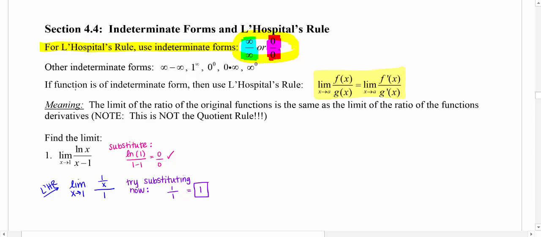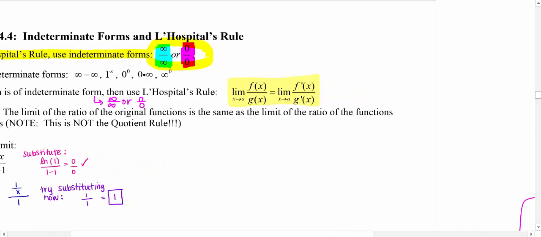So if a function is of the indeterminate form infinity over infinity or 0 over 0, then we can use L'Hopital's rule. And what L'Hopital's rule says is, and I'll write it out for you here, the limit of the ratio of the functions f of x over g of x. So we're seeing these as two separate functions as a ratio, okay?